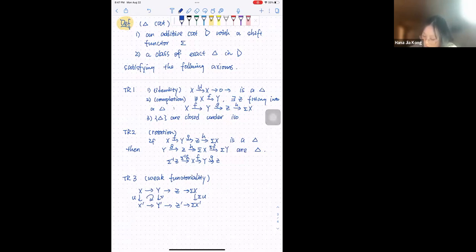So let me write down the assumption. The axiom assumption is that we have this and this are triangles, and the square commutes.